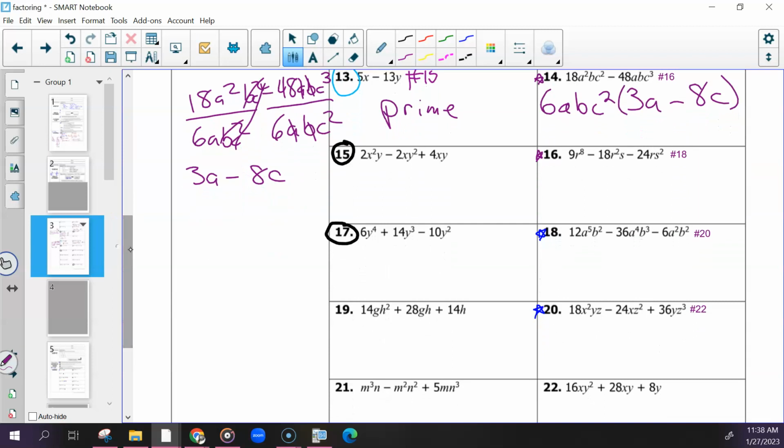Move on to 15. Highest number we can divide out of all of them? 2. Can we take out any variables? Yes. Which ones and how many of each? 1x and 1y.